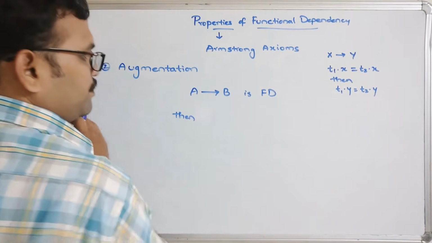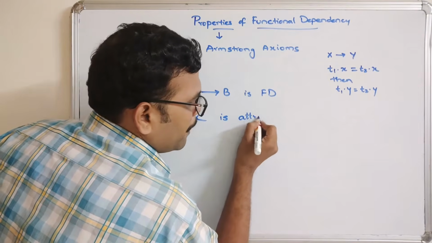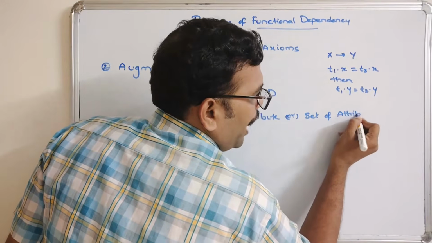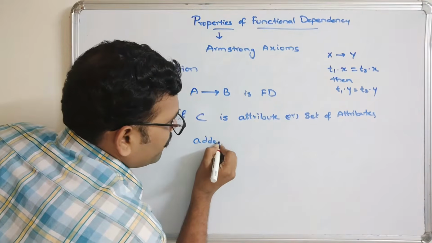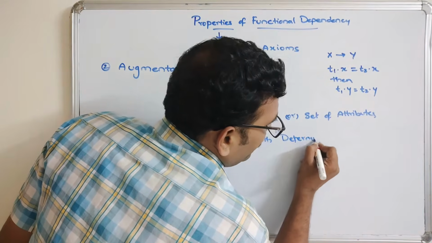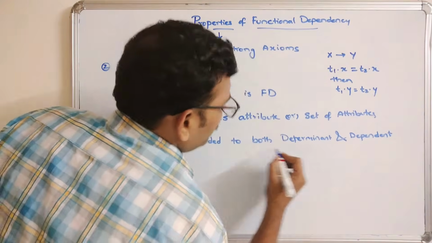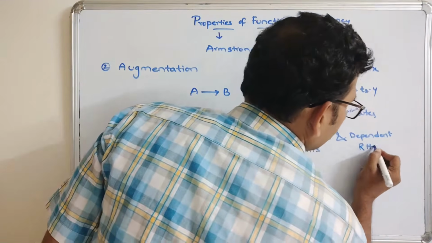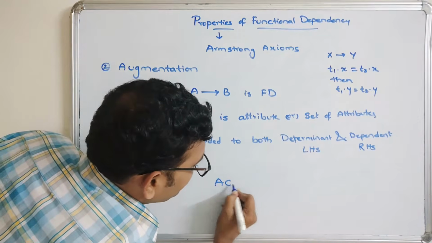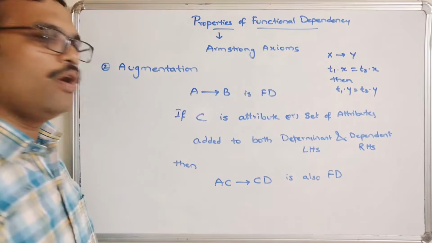So if C is an attribute or set of attributes added to both the determinant and dependent, simply we can call it LHS and RHS, then AC tends to BC is also functionally dependent.